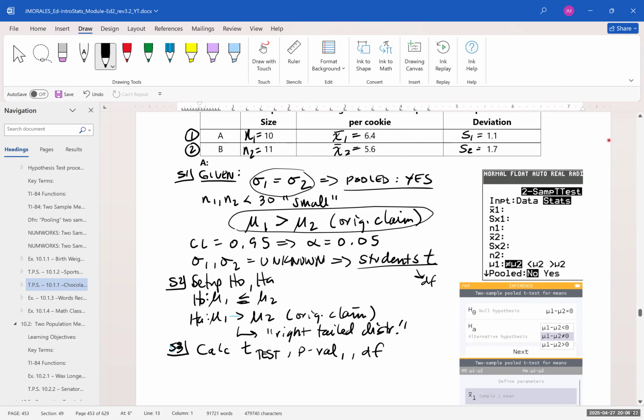So we'll do a two-sample t-test, and x bar 1 is 6.4, s1 is 1.1, n1 is 10, x bar 2 is 5.6, s2 is 1.7, and n2 is 11. And our alternate hypothesis is greater than mu2, and yes, it's going to be pooled.